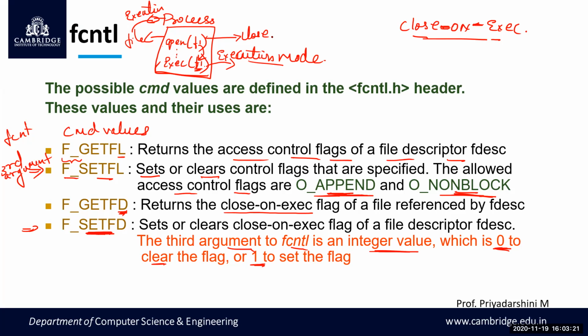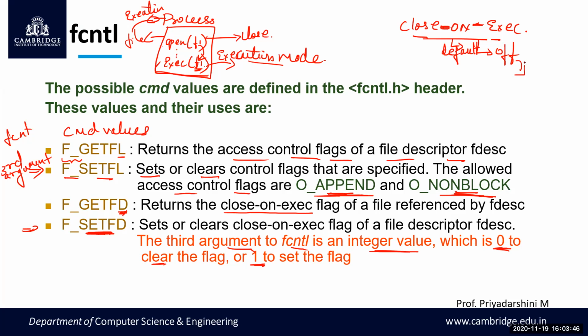By default, in all files, the close on exec bit will be there, but that bit will be off. So when do you turn that bit on?